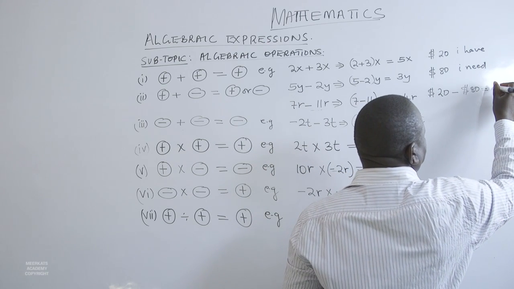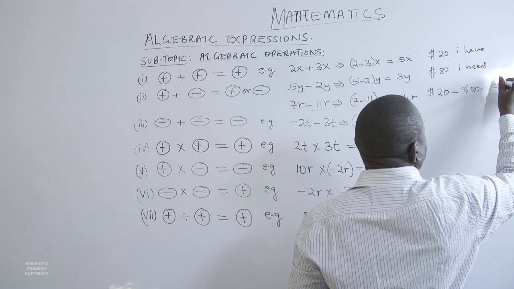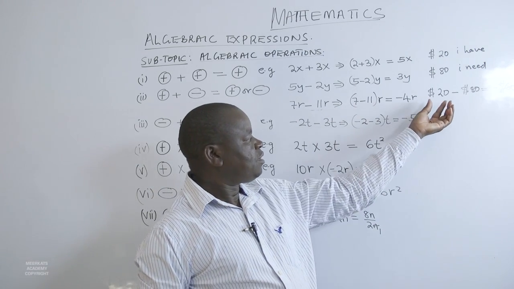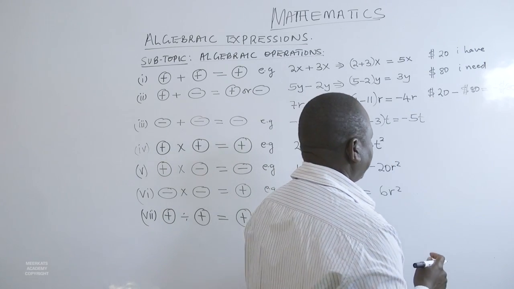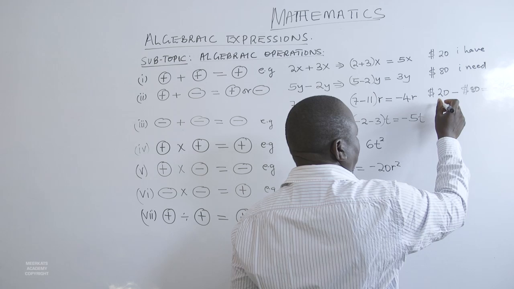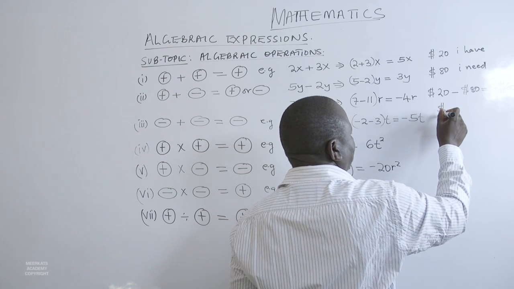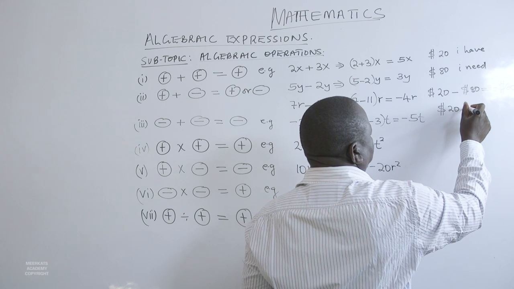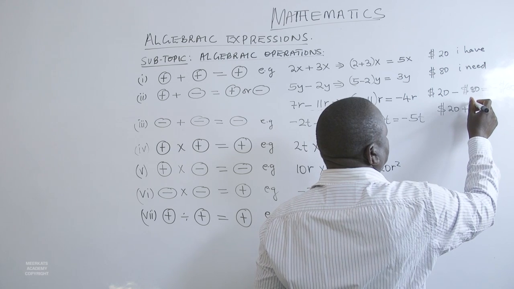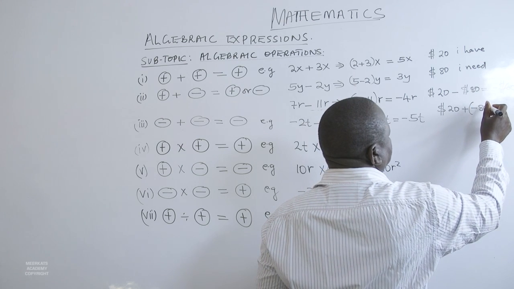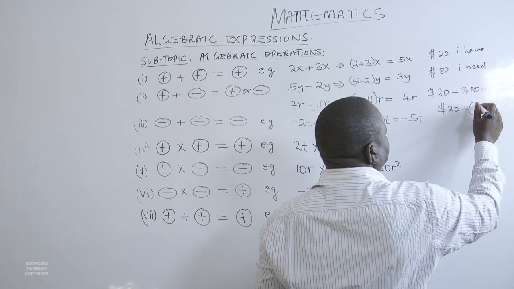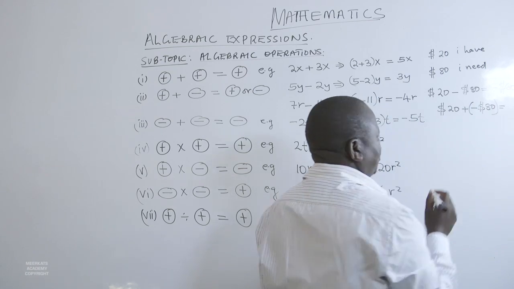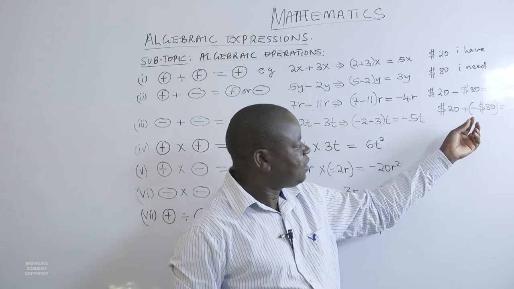So this will be negative $60. We can also write this one as $20 plus minus $80.